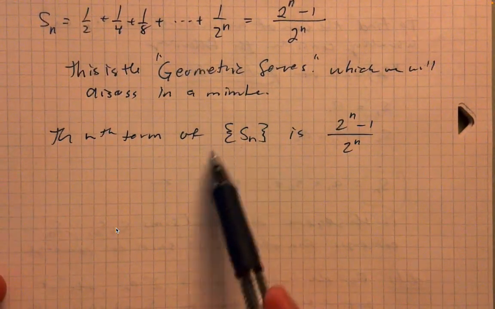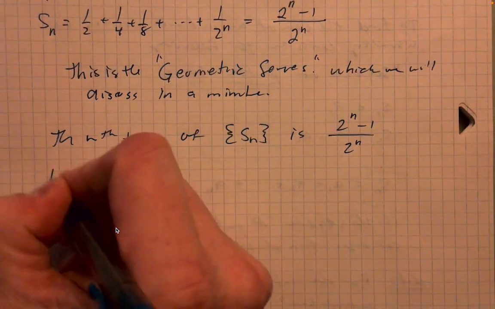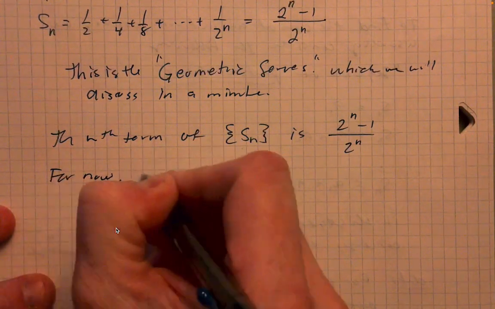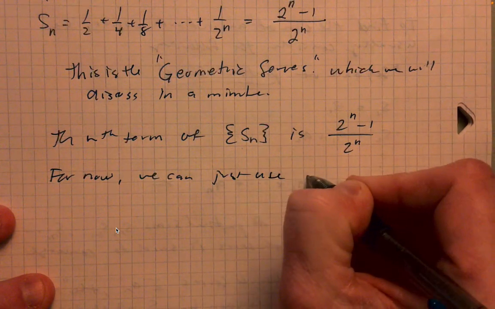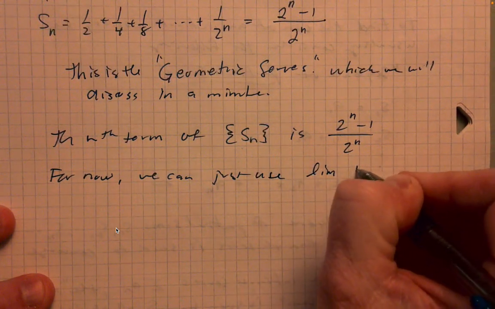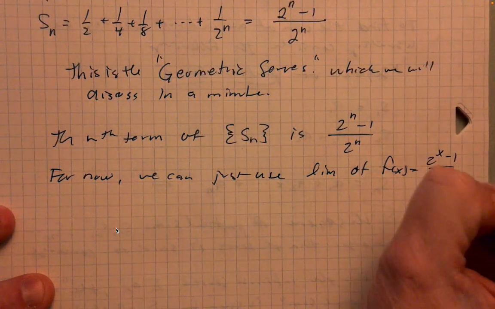And what's involved in that? Well, this is where we fall back on what we've discussed already. For now, we can just use the limit of f of x equals (2 to the x minus 1) over 2 to the x.